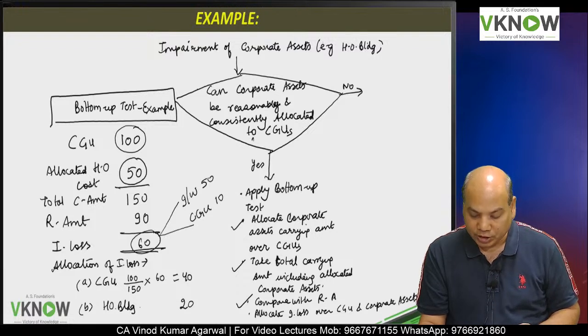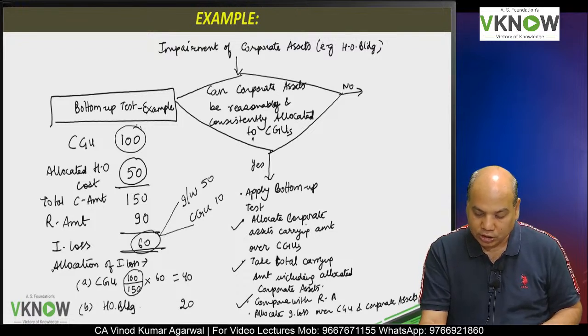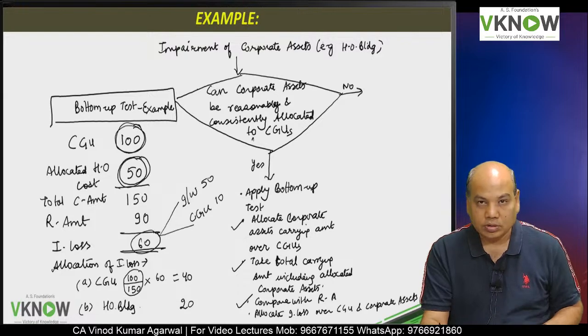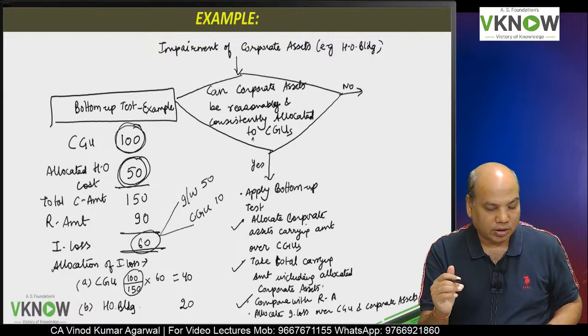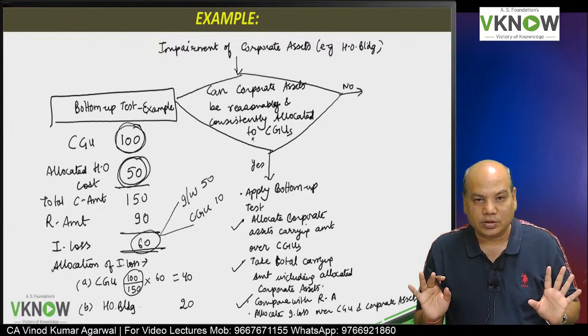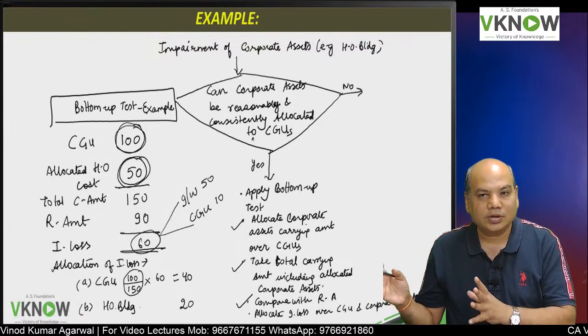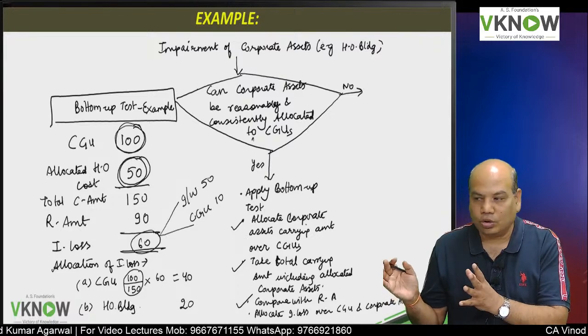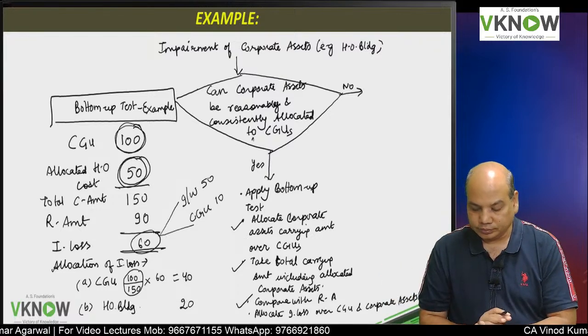But if it is a corporate asset, then you will allocate in the ratio of their carrying amount, because it is not goodwill. It is just another asset, like a head office building or research center.